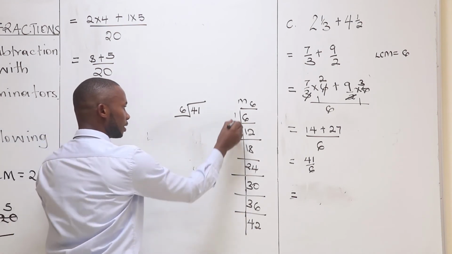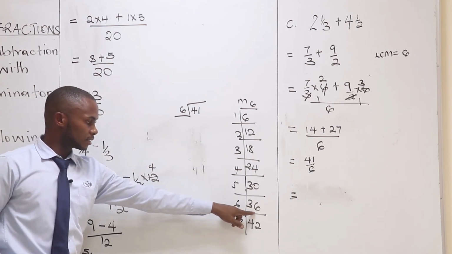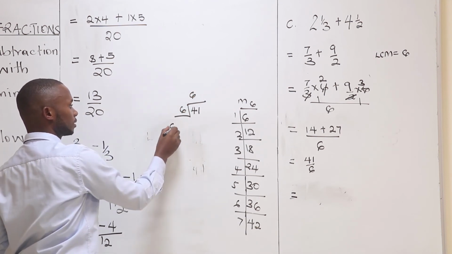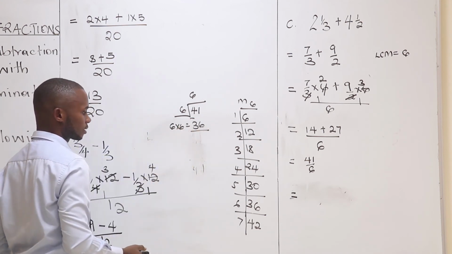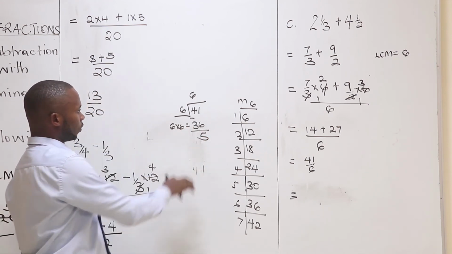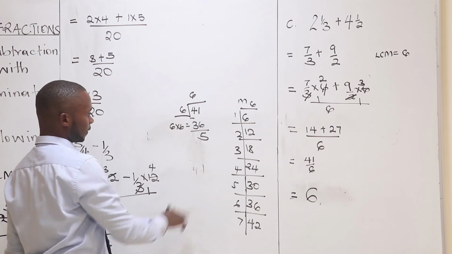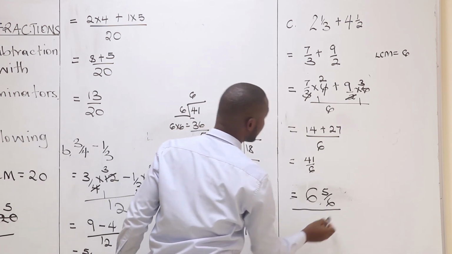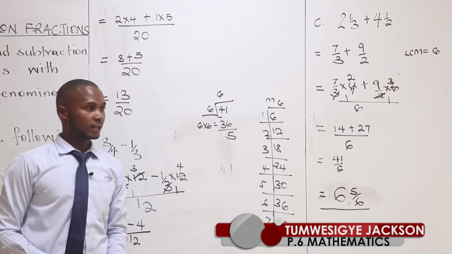So we shall take 36, which is 6 times 6. When you subtract 41 minus 36, the balance is 5. So when you are writing it as a mixed fraction, you begin with 6 as a whole number, then 5 out of 6. So this is how we deal with the fractions when they are mixed. Thank you for attending the lesson.